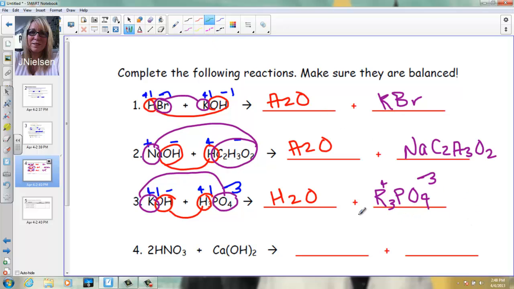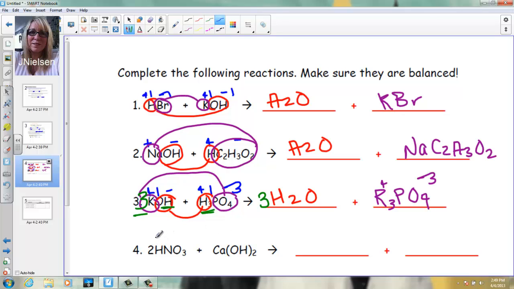I have 3 Ks on the right, therefore I need 3 Ks on the left. That's going to give me 3 H's right here, plus the other 3 H's here, for a total of 6 H's, which means I need to put a 3 here as well, because 3 times 2 is 6. And then I've got 3 oxygens here, and that's taken care of over here with the 3 KOH.